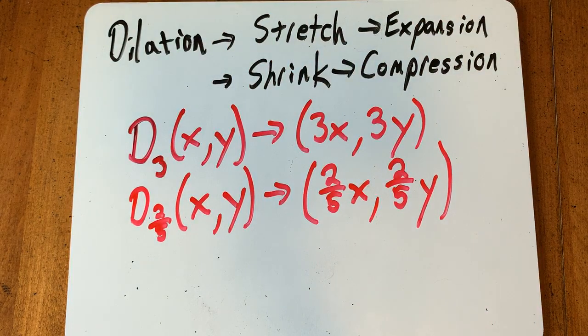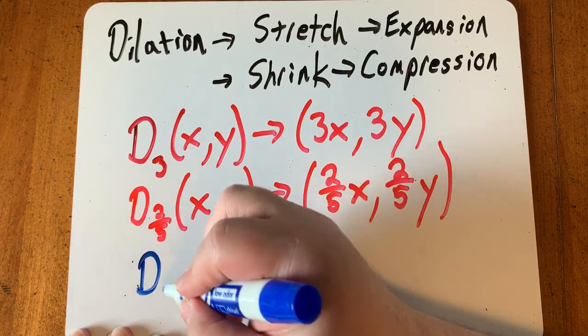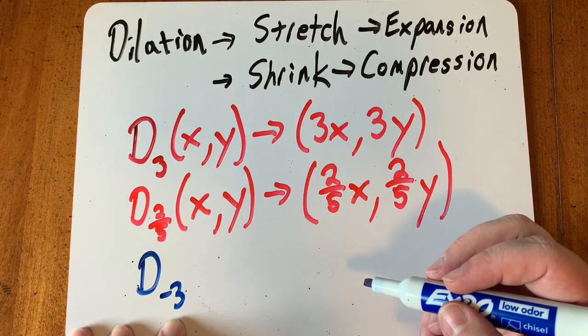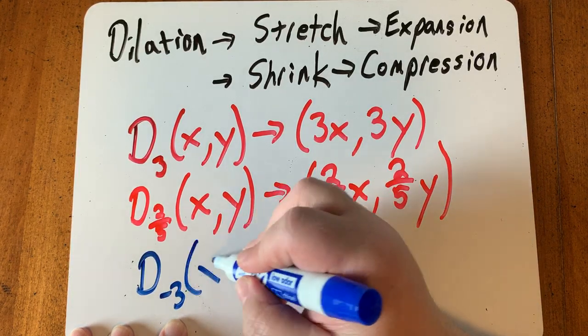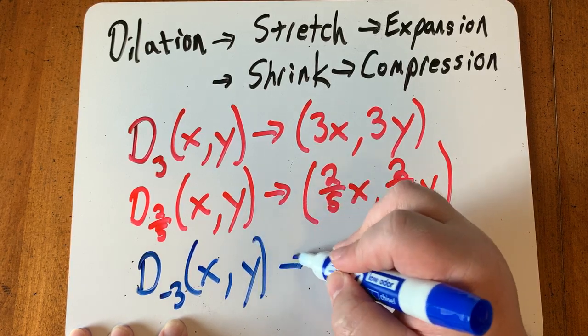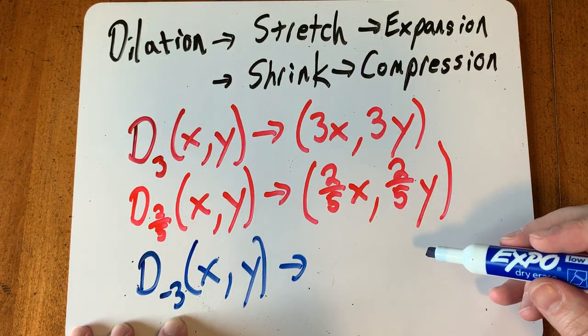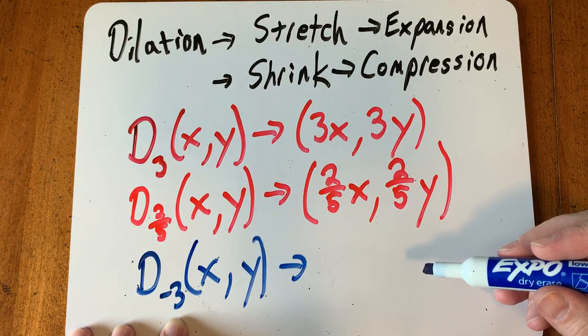Now, I want to warn you that on MCAS, they use garbage notation. So you may see that. Okay? Realistically, that should be negative 3x, negative 3y. So that should be a reflection and a dilation by a factor of 3.